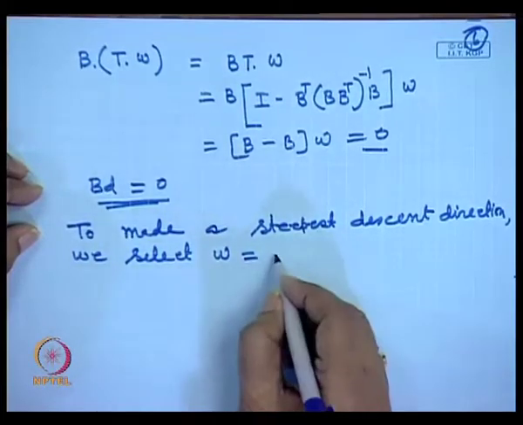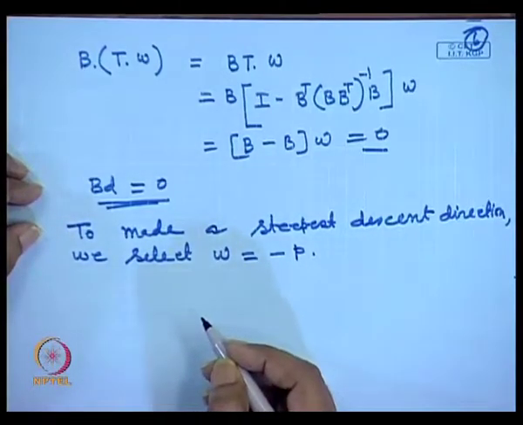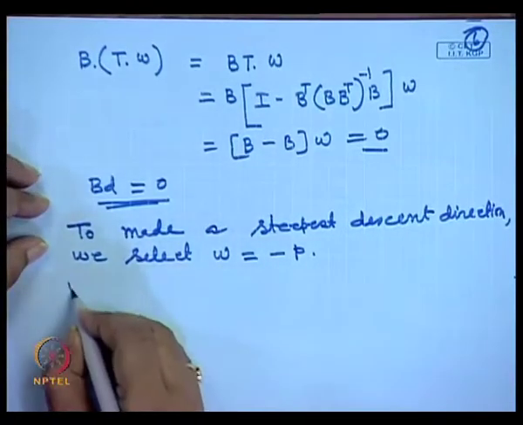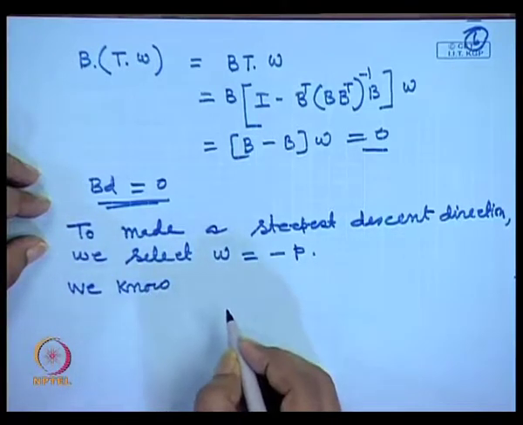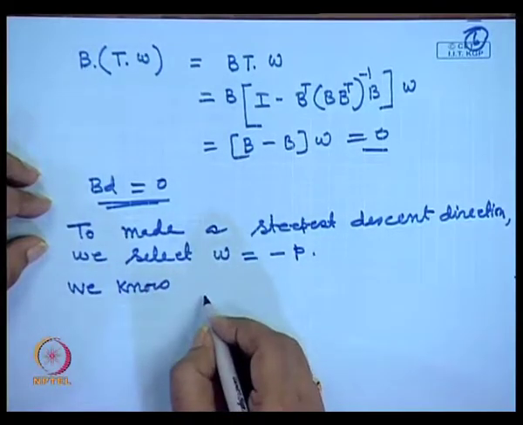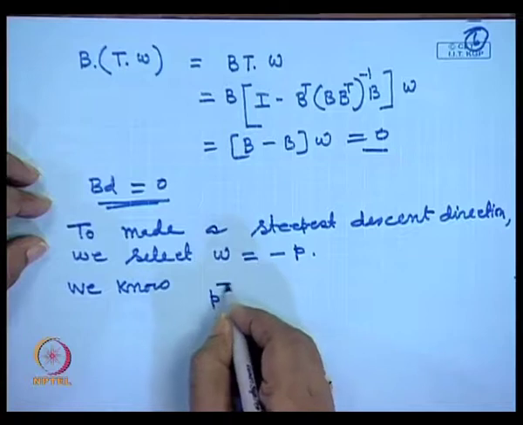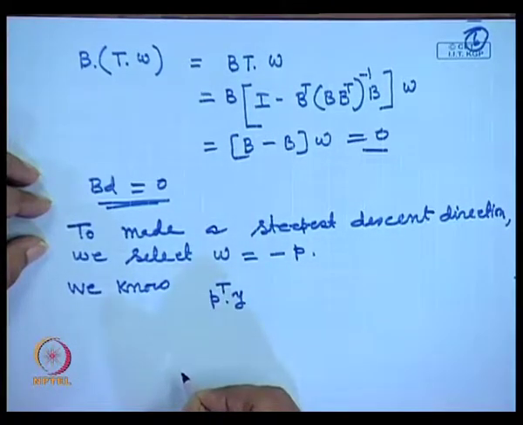So, if we select W is equal to minus P, let us see what will be our cost function values. We know our objective function in the transformed coordinate system is P transpose Y, agree?